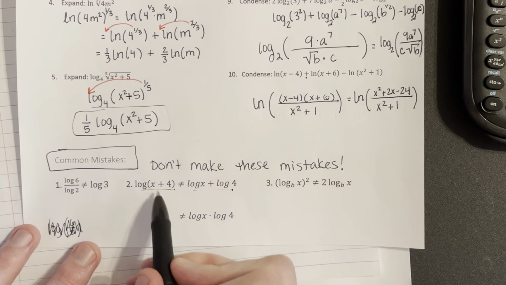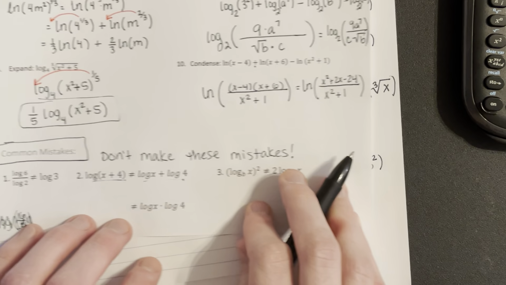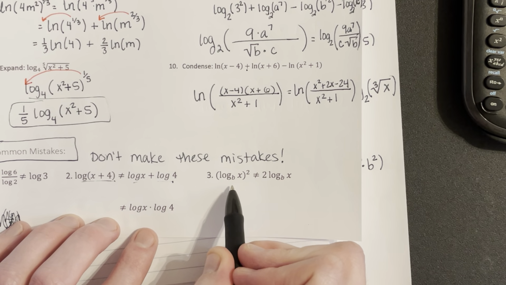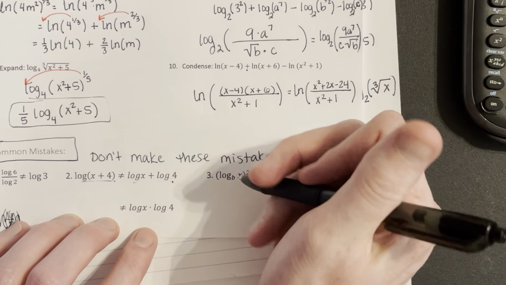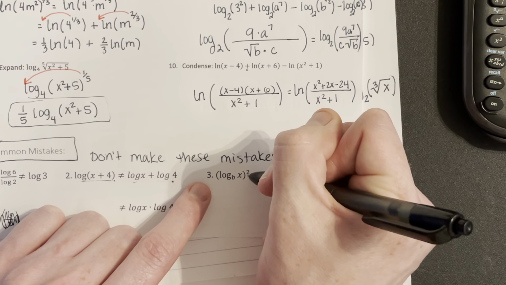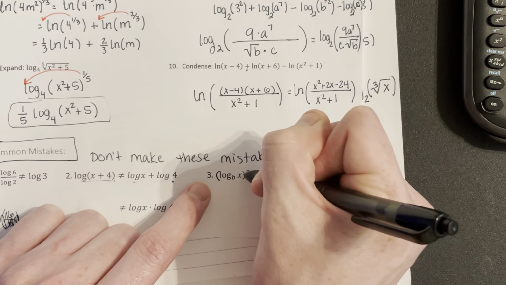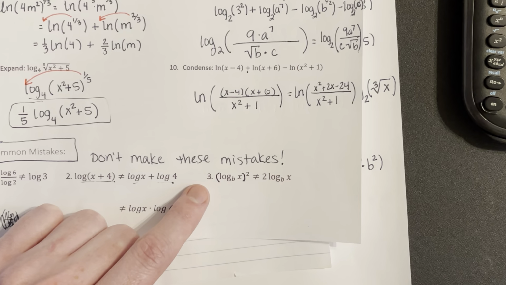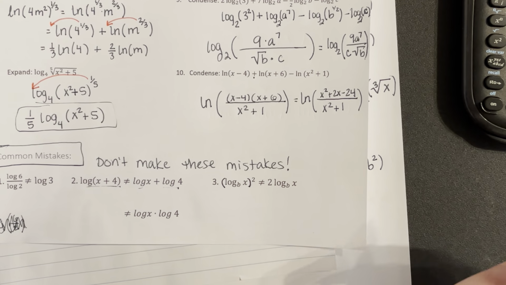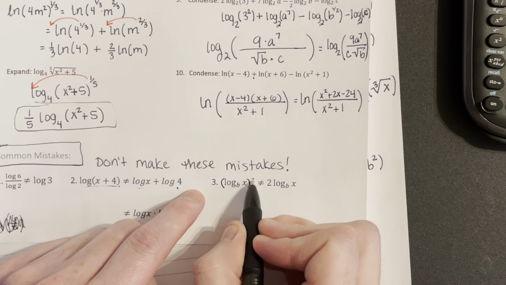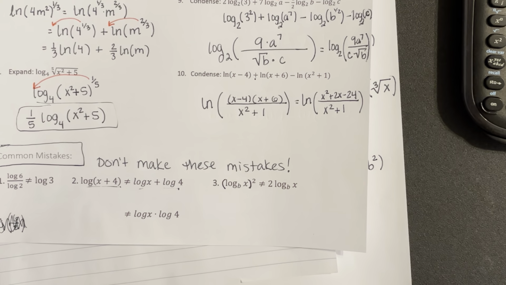We talked about adding inside of logs. And then here, if this was a 2 outside of the log, like the whole log is being squared, now that would be different. And you can't just bring the 2 in front, because a squared, that thing that's being squared, that means that there's 2 of those.